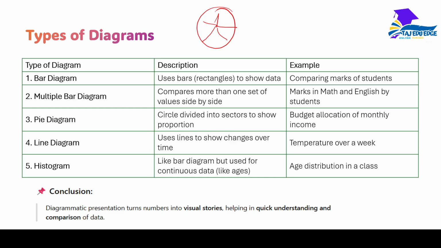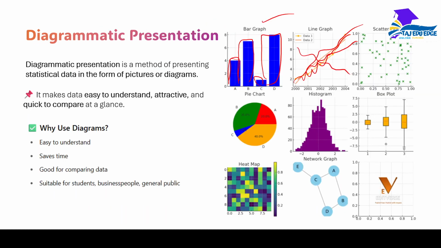Next, histograms. Histograms are like bar diagrams. Here you are seeing a histogram. These are like bar diagrams only, small bar diagrams, but connected. Many bar diagrams are connected with each other, creating a kind of normal distribution, like a mountain peak.